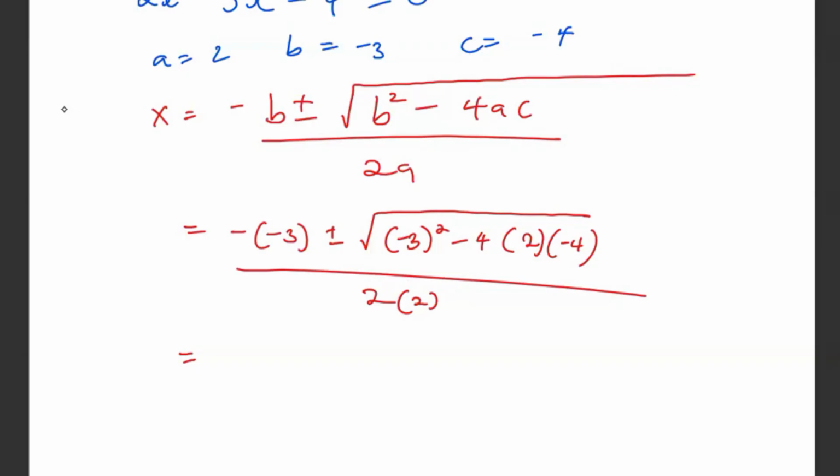So we're going to have that plus that over that. My first x is giving me 2,35. If I do the reverse with a minus, I'm getting -0,85.